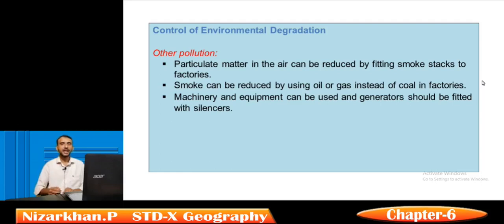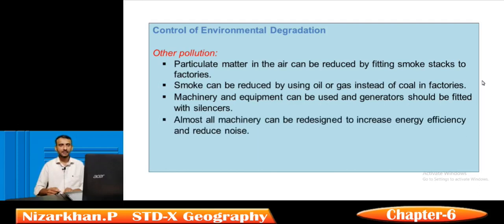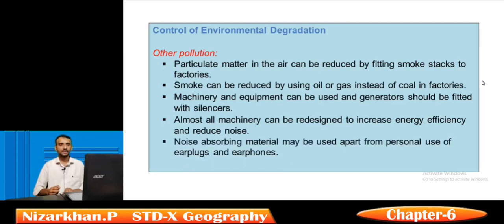Almost all machinery can be redesigned to increase energy efficiency and reduce noise. So we can reduce noise pollution. Noise-absorbing material may be used, apart from personal use of earplugs and earphones. This is the way we can control other types of pollution to a certain extent.